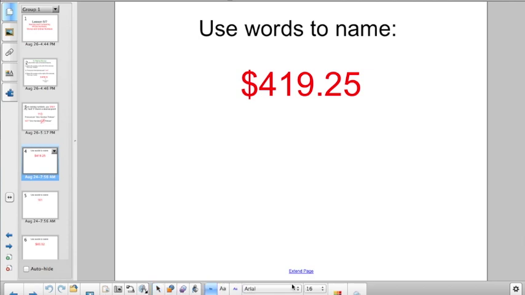Here they're going to ask us to use words to name, right? So just like we said, look at either side of the decimal point. Start on the left side first. I have the digit 4 and the digit 1 and the digit 9. Well, I wouldn't say 419. What's going to be the real name of that number? You would actually say 419, wouldn't you?